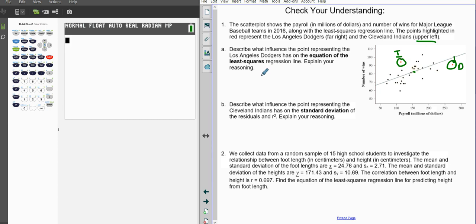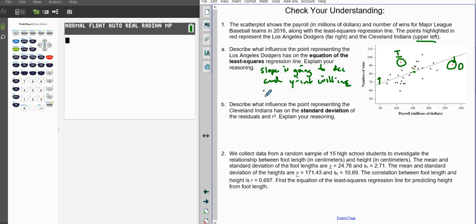The slope is going to decrease, and the y-intercept, because this will go down, this has to go up, so the y-intercept will increase.